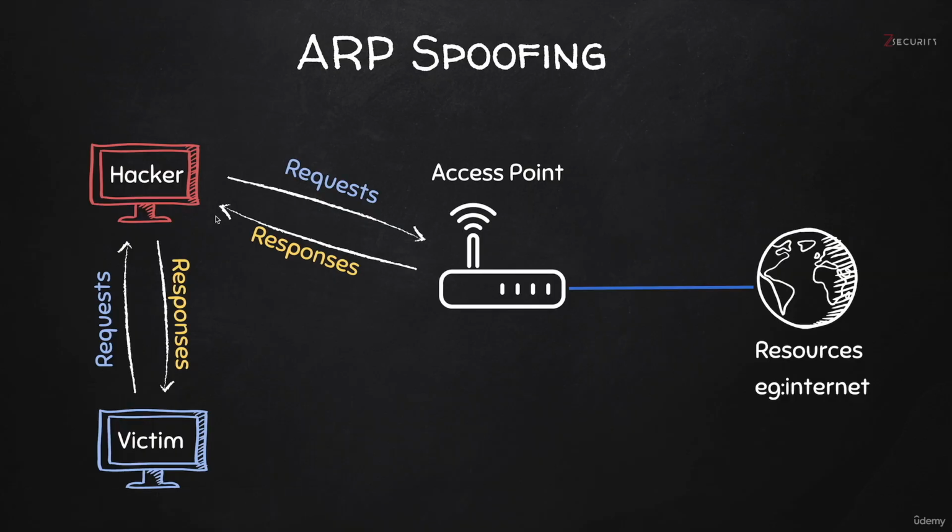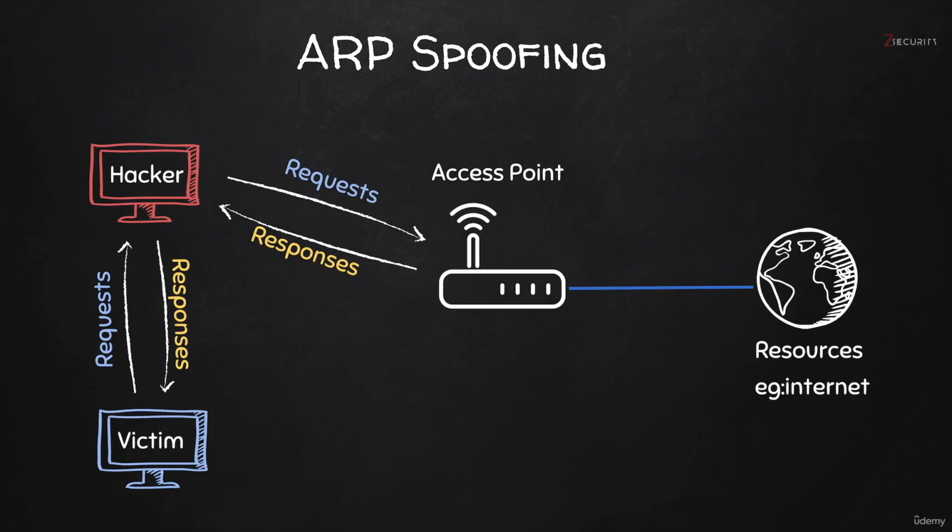This means that any messages, any websites, any images, any usernames, any passwords entered by the target will have to flow through my computer. This allows me to read this information, modify it, or drop it. So as you can see, this is a very serious and very powerful attack. And the reason why it is possible is because ARP is not very secure.